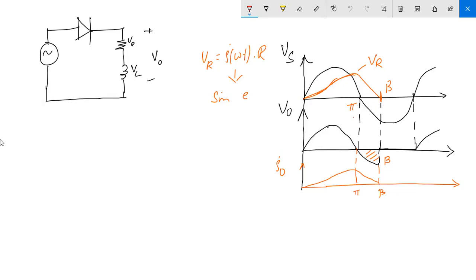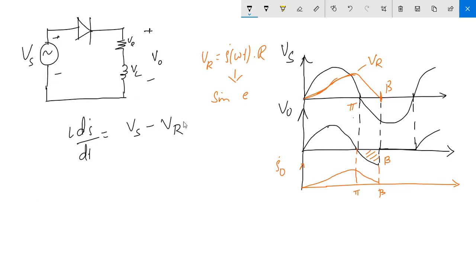Now here we have explained that for this load, L di by dt, the voltage across your inductor, was Vs minus Vr. Vr is the voltage across your resistance. Vs is the supply voltage, and VL is the inductor voltage.